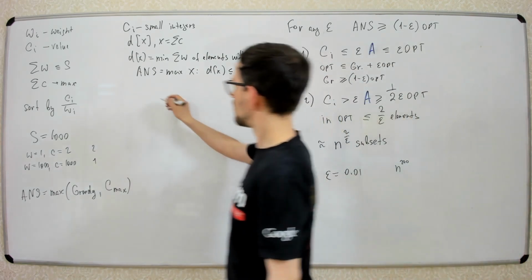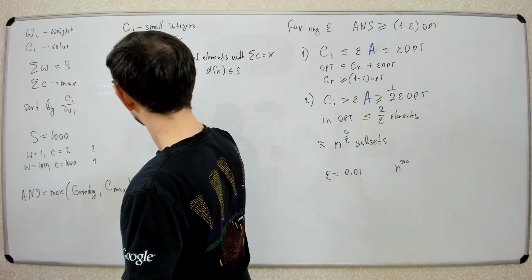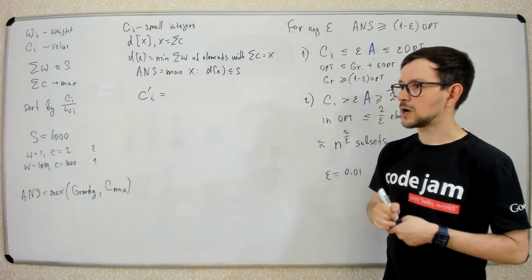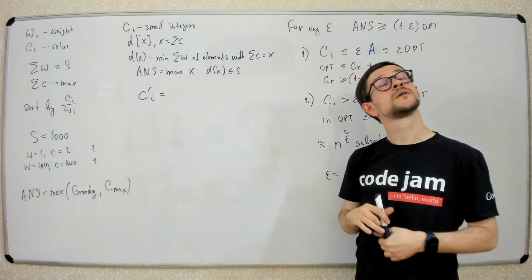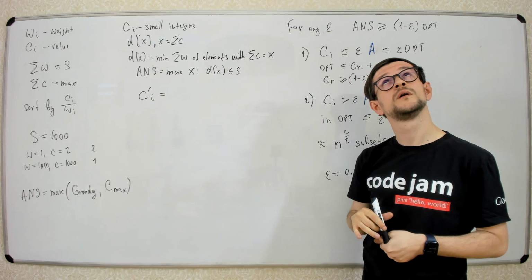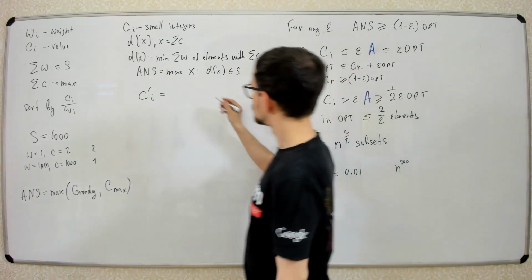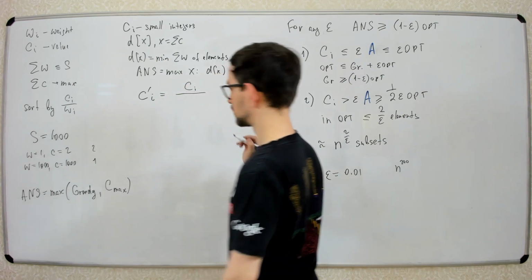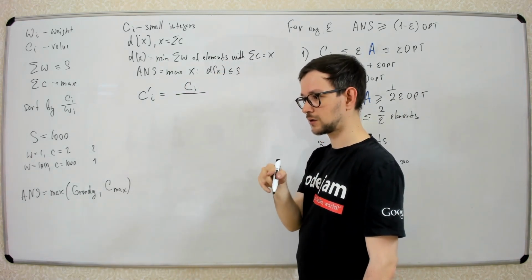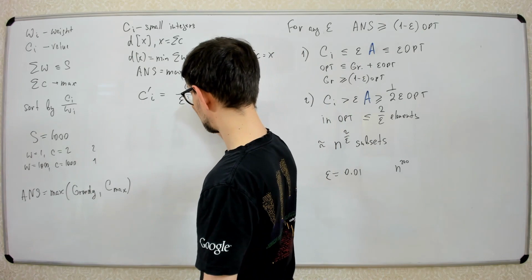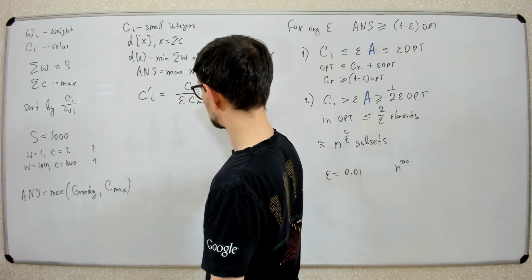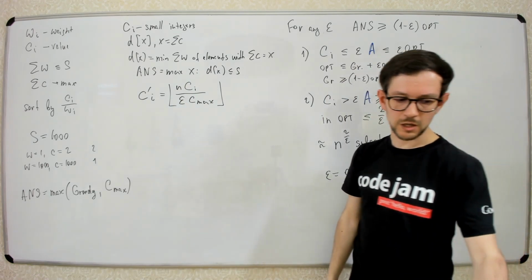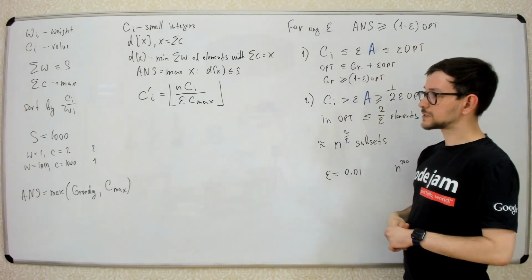Let's say that my modified value is the value c_i divided by epsilon over n times c max, rounded down.